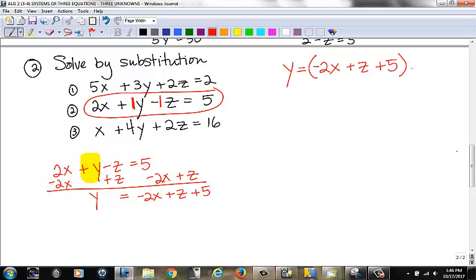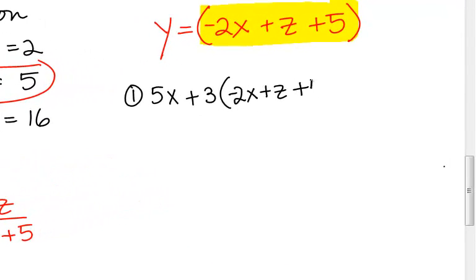Okay? So if we sub it into equation 1, so it's 3y. So now we're going to substitute this in for y. Sub that whole thing in, so you'd have negative 2x plus z plus 5.